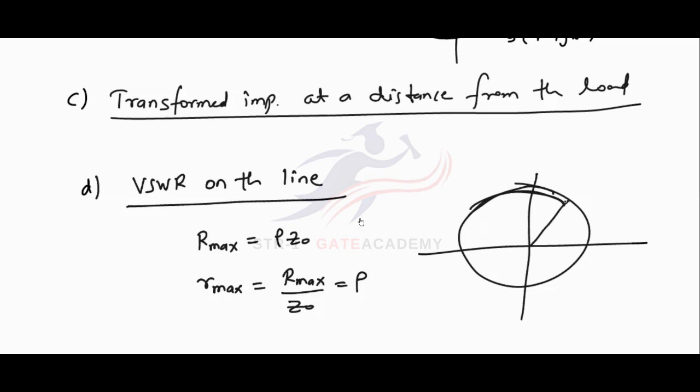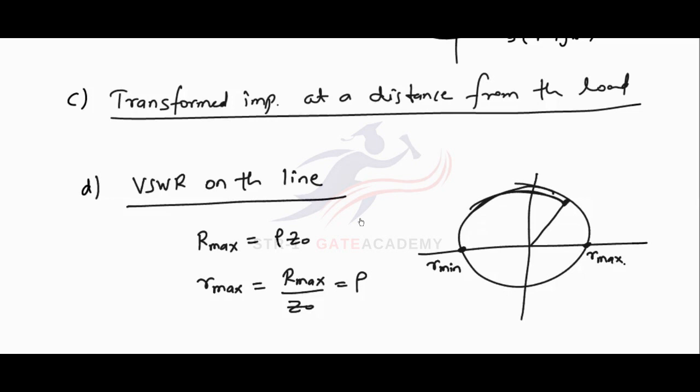So this is the constant VSWR circle. If you remember the constant R circles, the value of R keeps on increasing as you move towards the right side. Therefore, remember that this point represents the value of R min, and this point represents the value of R max.